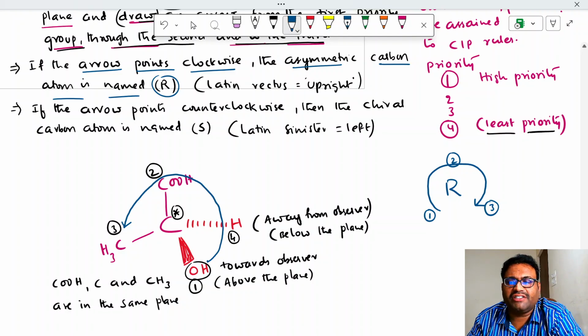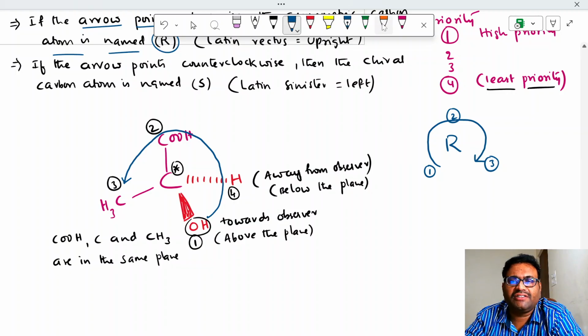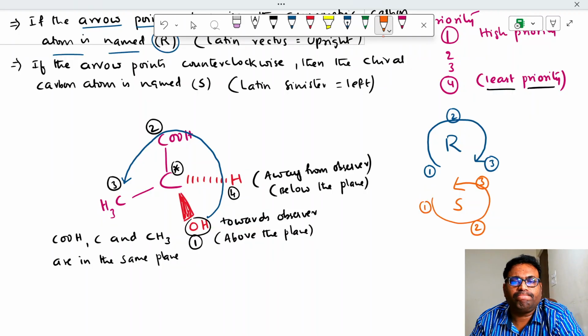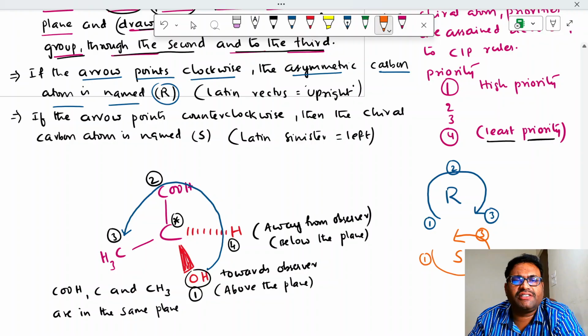If you find anti-clockwise, like this, from the first to the third group through the second group, then it will be S. So if you draw an arrow from the highest priority group to the third priority group and find that it is clockwise, then we name it R. It is derived from the Latin word rectus, meaning upright.